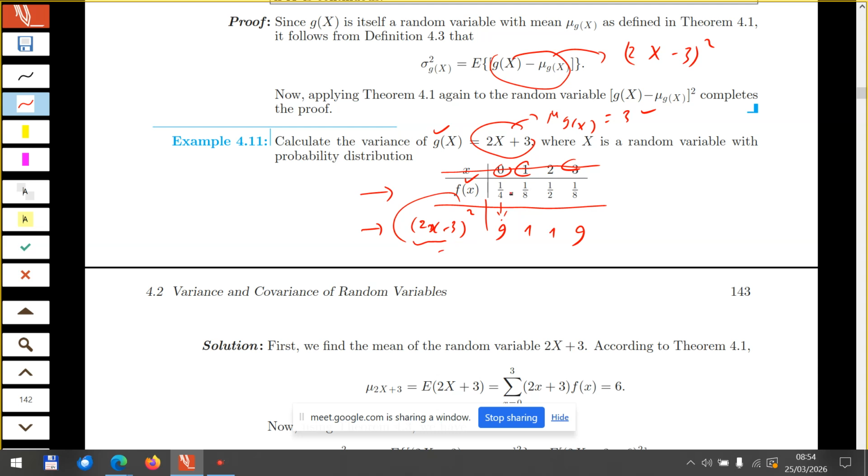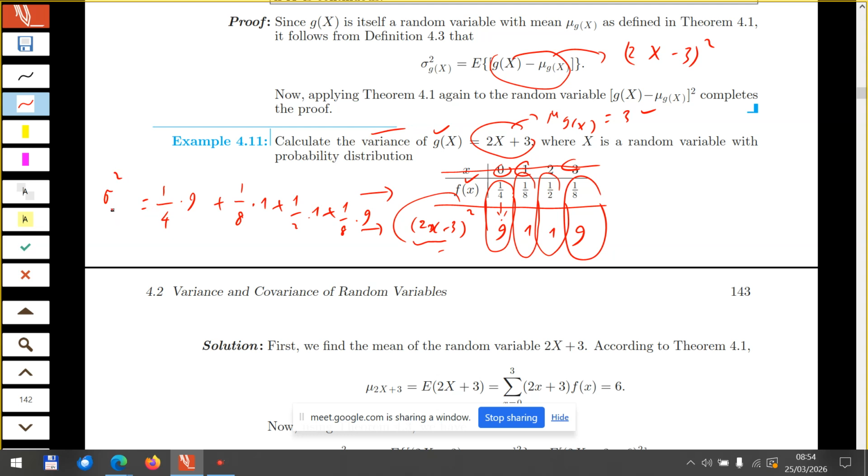So now what we do, we need to multiply these two. So 1/4 times 9, right? Plus 1/8 times 1 plus half times 1 plus 1/8 times 9, and this should give you your variance.